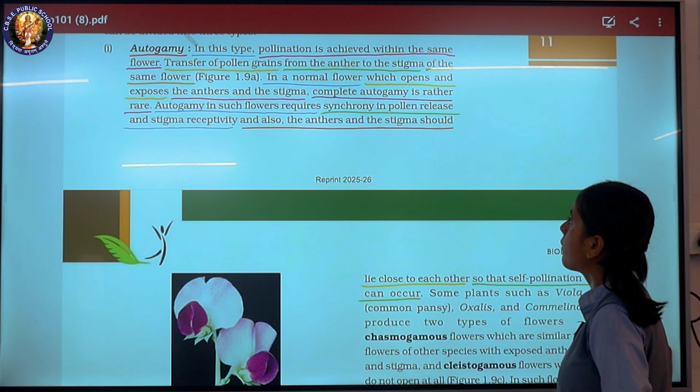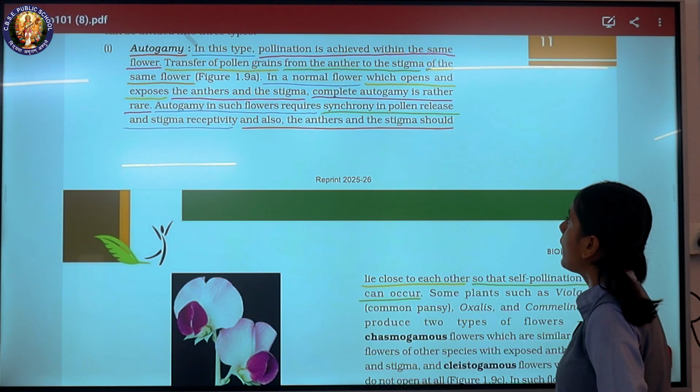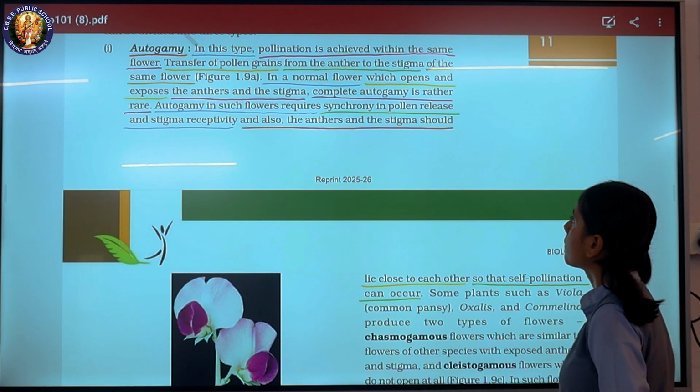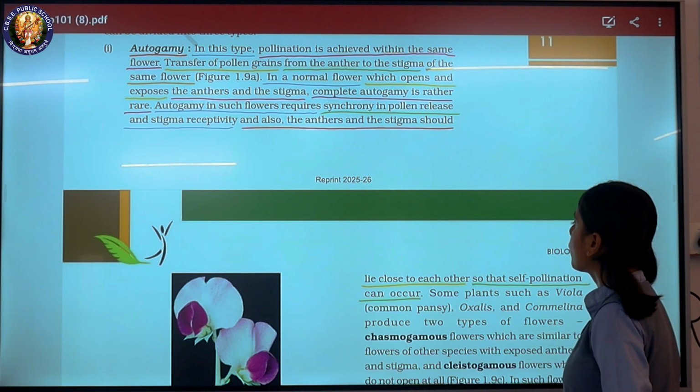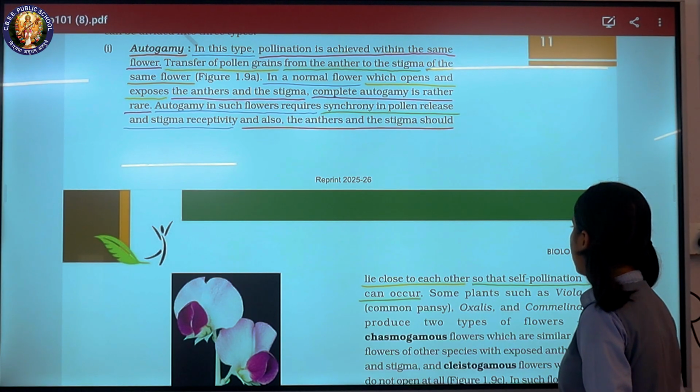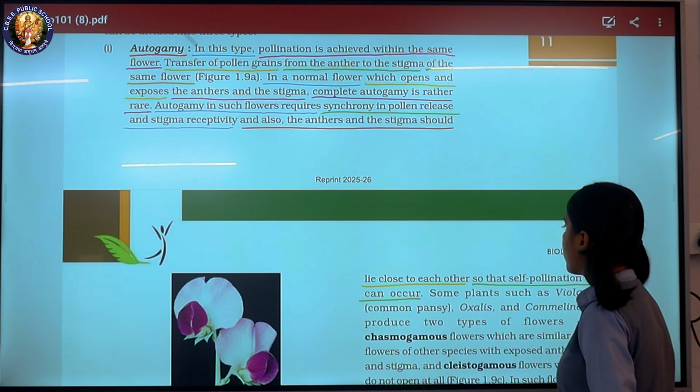Autogamy in such flowers requires synchrony in pollen release and stigma receptivity, and also the anthers and the stigma should lie close to each other, so that self-pollination can occur.